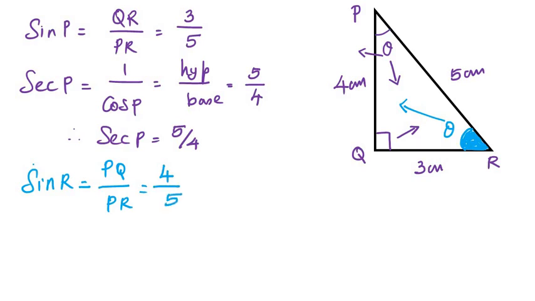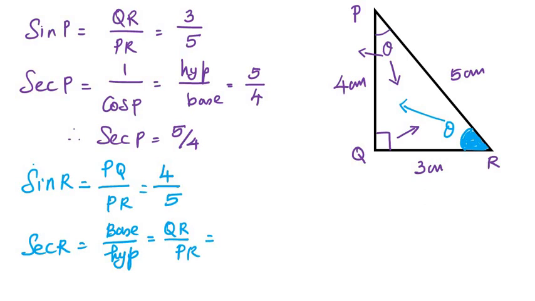The next part is secant R. Secant R is base by hypotenuse. Base is QR, right? Which is adjacent to theta. Hypotenuse is opposite to 90 degree, PR.